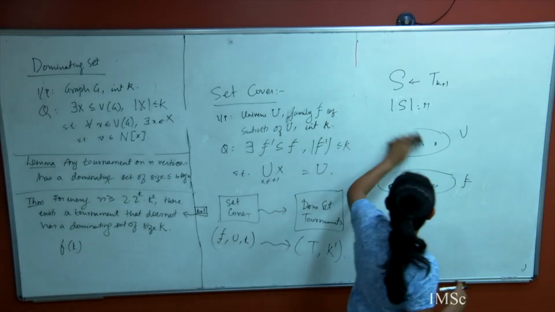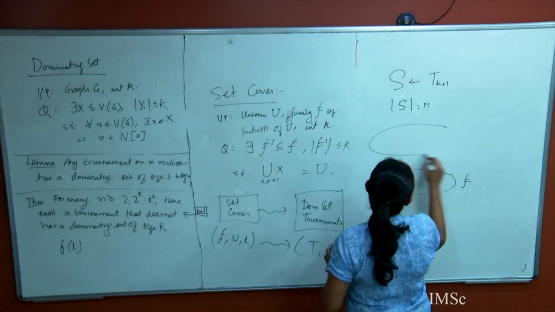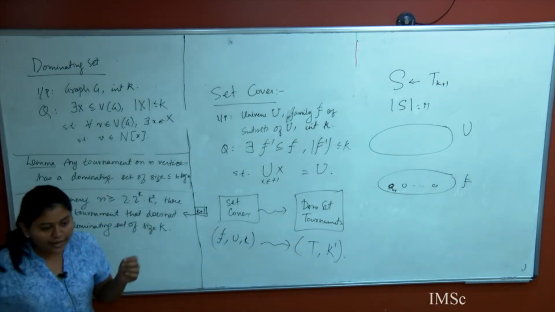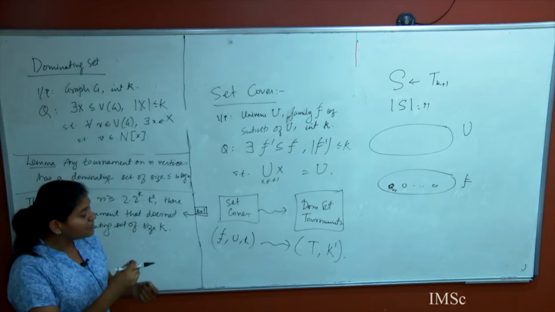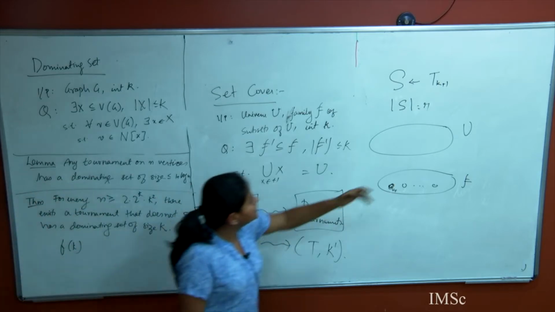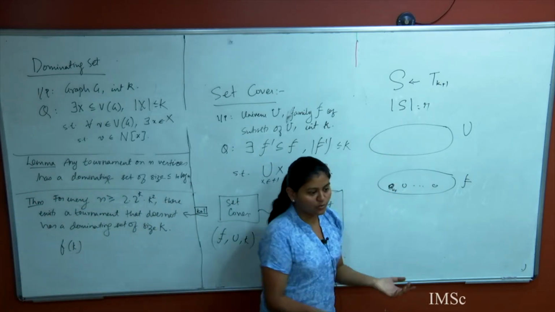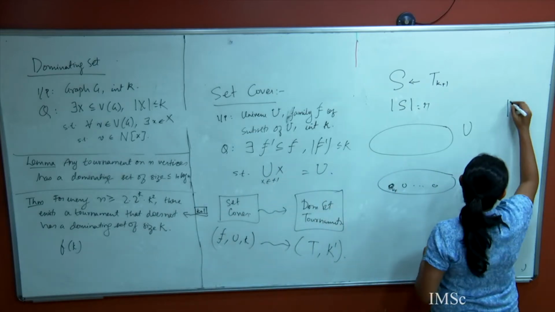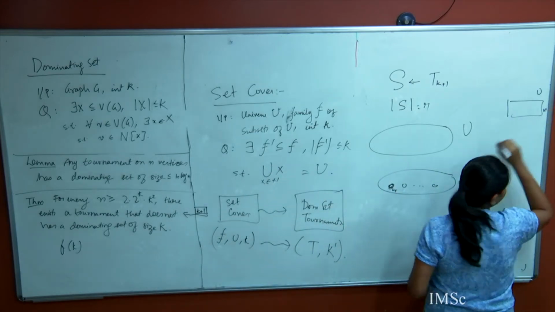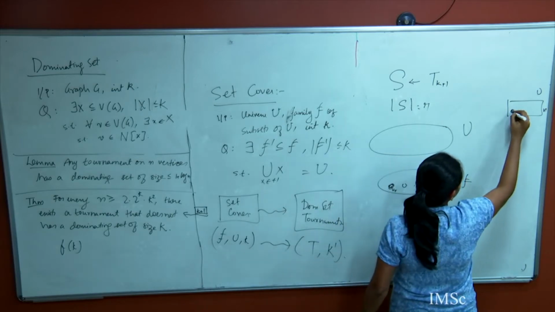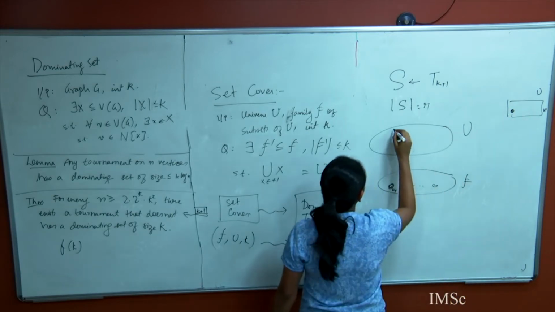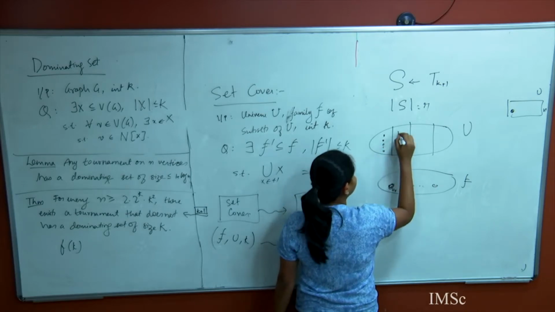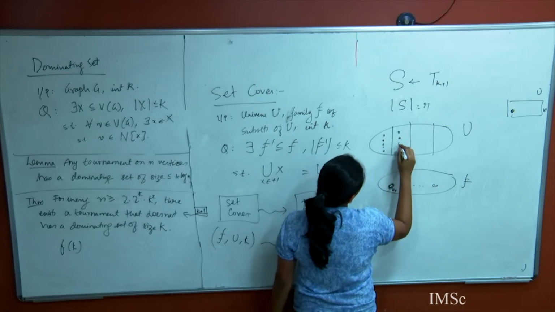Now we'll see how we encode the universe. To encode the universe, for every element in the universe, we will create additional vertices. Okay. So look at a vertex in U. U initially had size say n, and for every such element in the universe, we are creating multiple copies. And how many copies do we create?